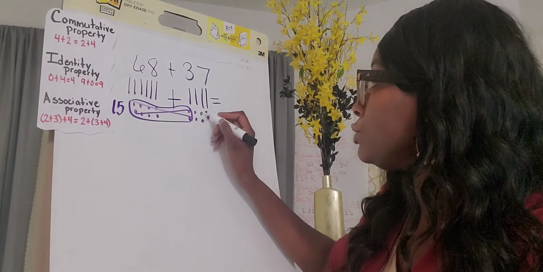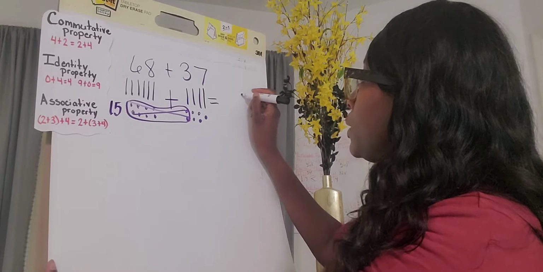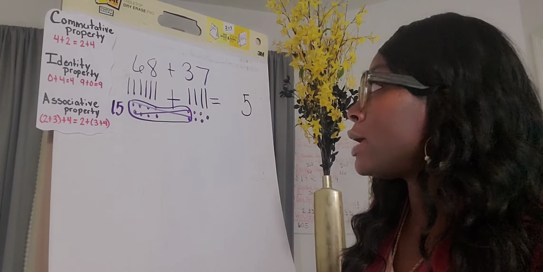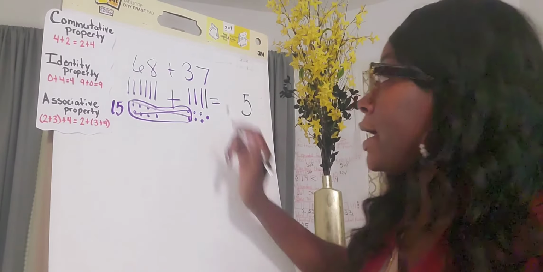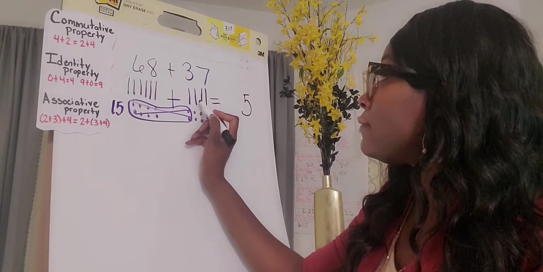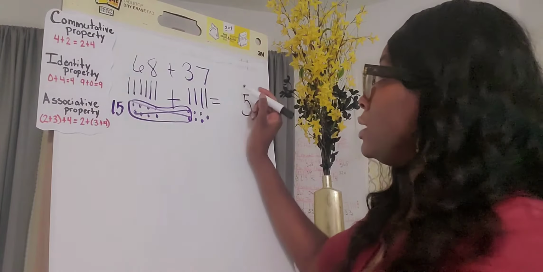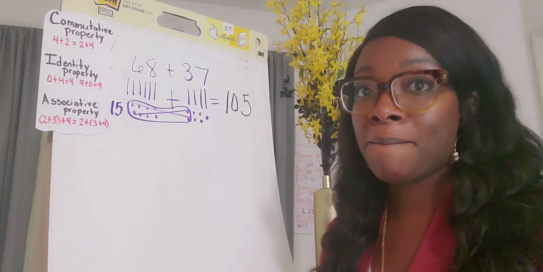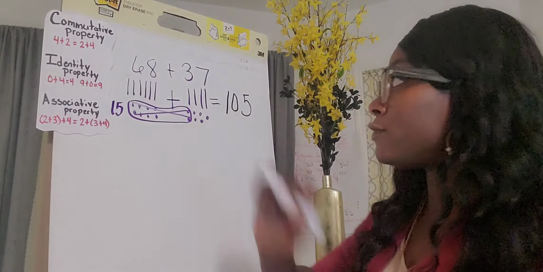I have 1, 2, 3, 4, 5 ones. So I'm going to put a 5 in my ones place. Now, let me count how many 10s I have. 1, 2, 3, 4, 5, 6, 7, 8, 9, 10. And I can write 10 there. And my answer would be 105.